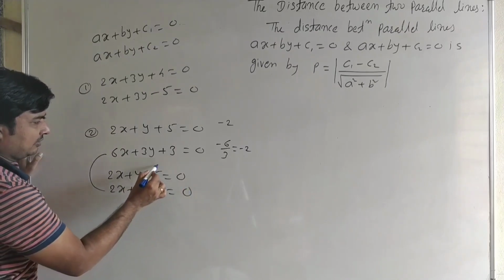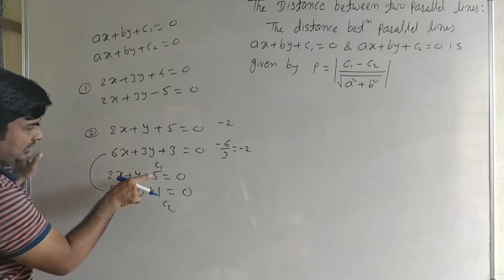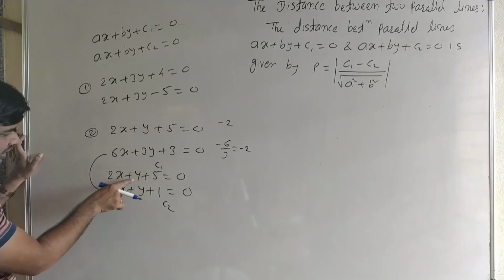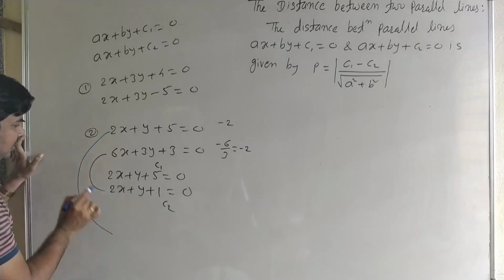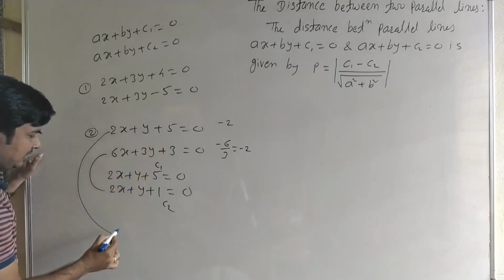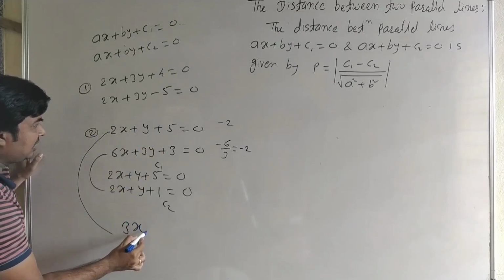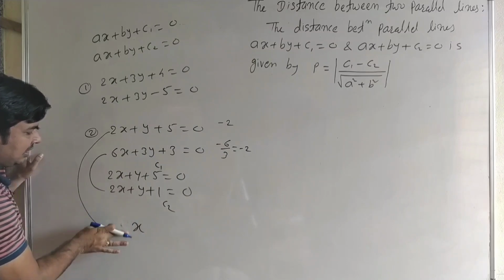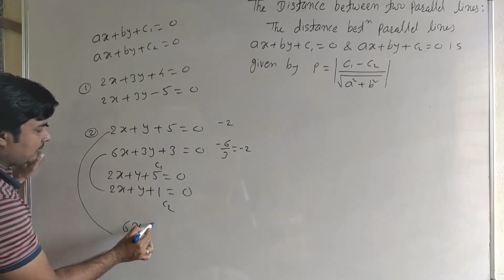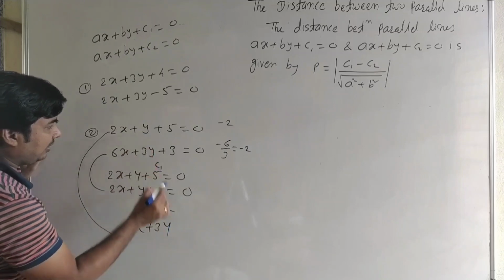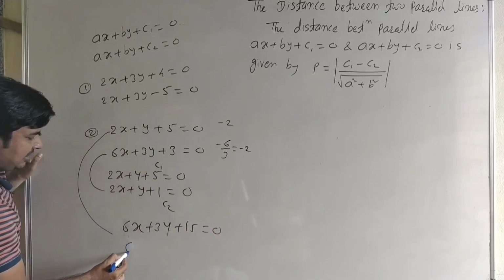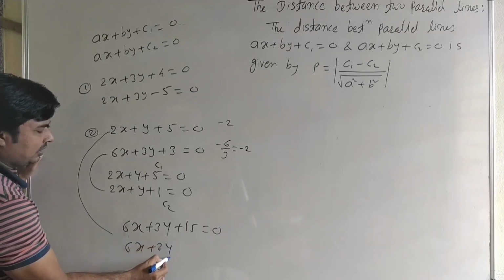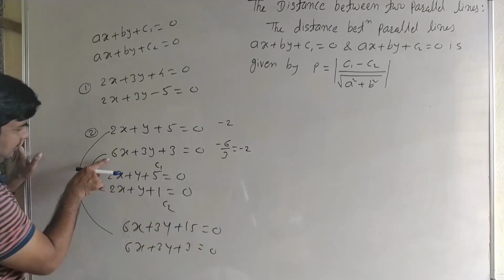Now it is c1 and c2, c1 is 5 and c2 is equal to 1, with a and b the same. Or if we multiply this equation by 3, then it is 6x plus 3y plus 15 is equal to 0, and the second equation is 6x plus 3y plus 3 is equal to 0. Same a and b.